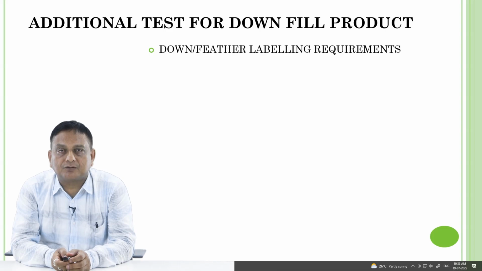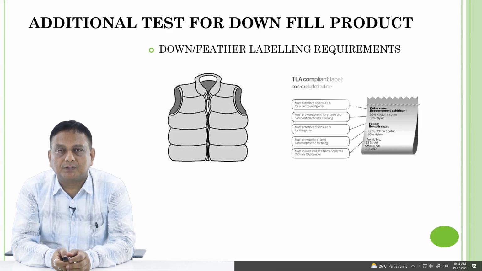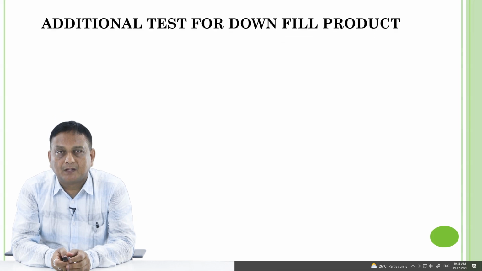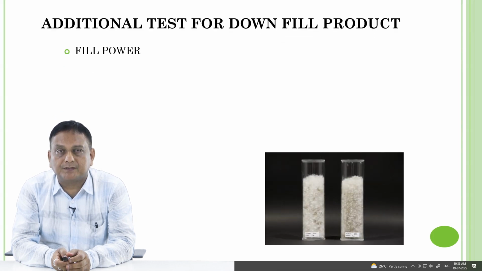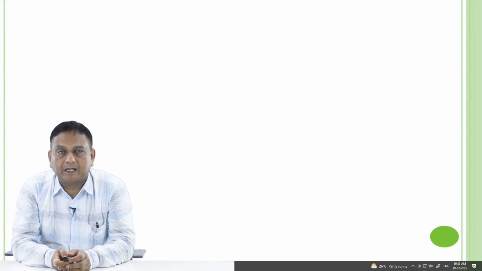Then the additional tests also include the labeling requirement, how the labels are there, what type of feather or down materials have been used in this product, which is also very important. Now when you are talking about downfill products, another important test is the fill power of that particular garment, that downfill product. So that is also tested here.